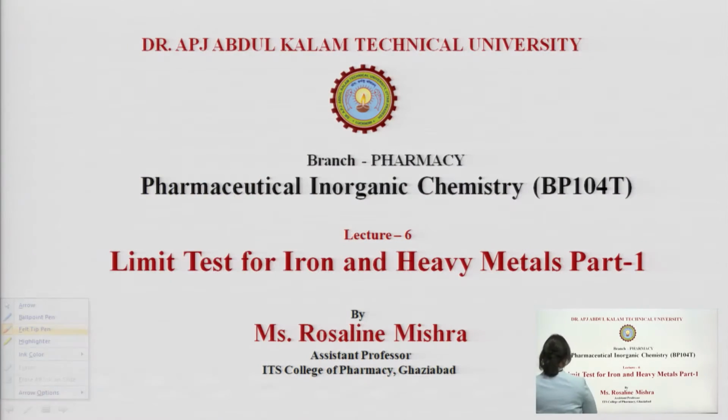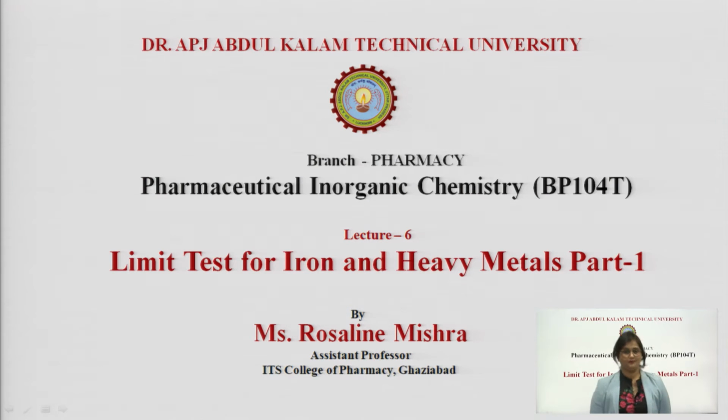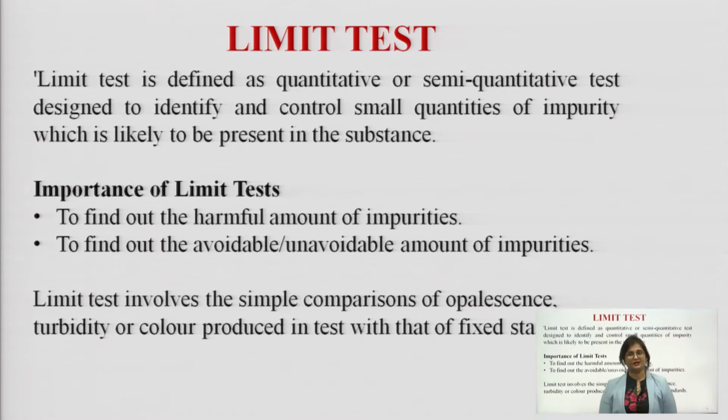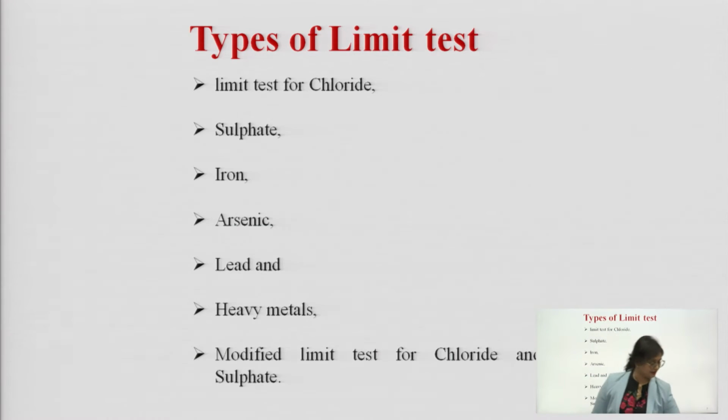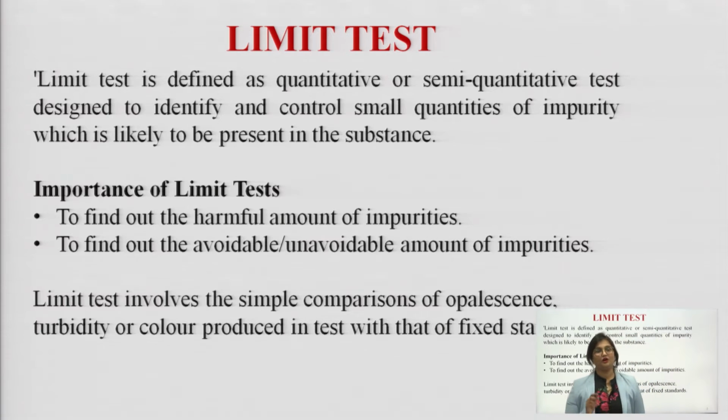Now, before initiating the limit test for iron, I would like to give a brief explanation of what a limit test is. A limit test is defined as a quantitative or a semi-quantitative test.